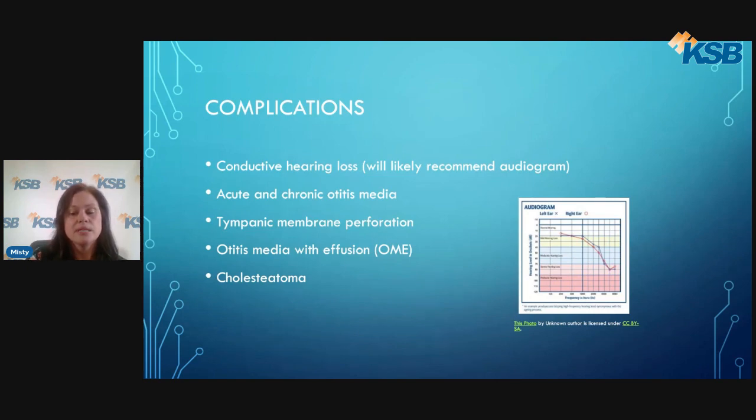Cholesteatoma is not cancerous, but it is a cyst, kind of like a ball of infection that can grow inside that middle ear space and cause permanent destructive hearing loss.